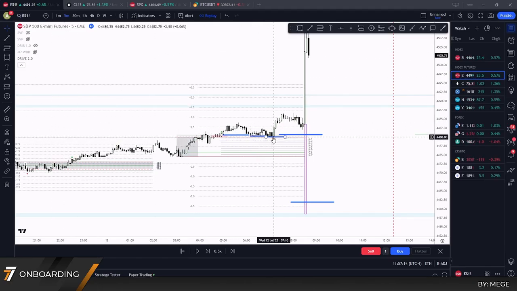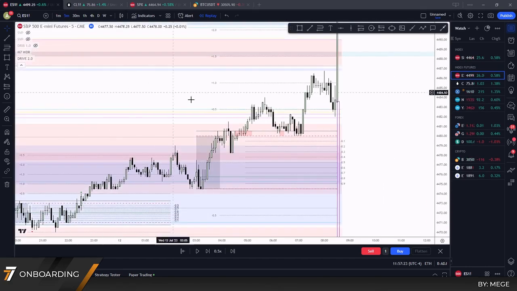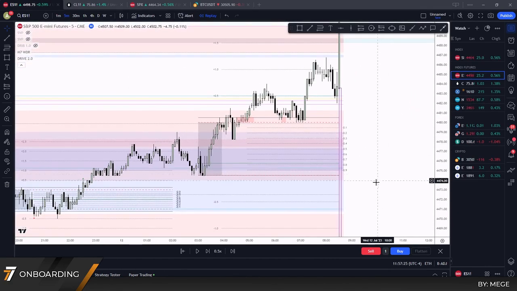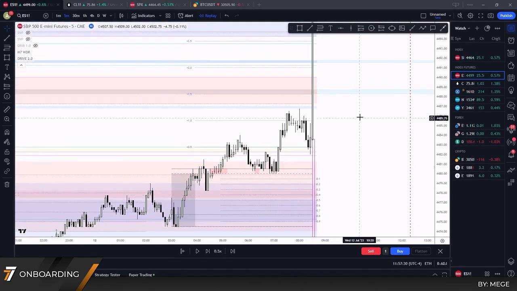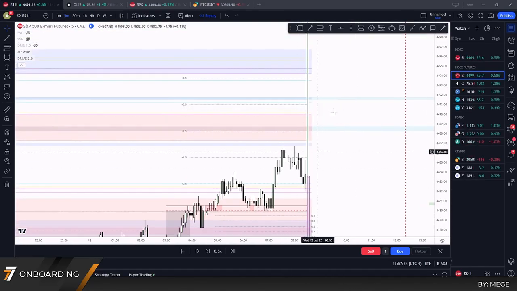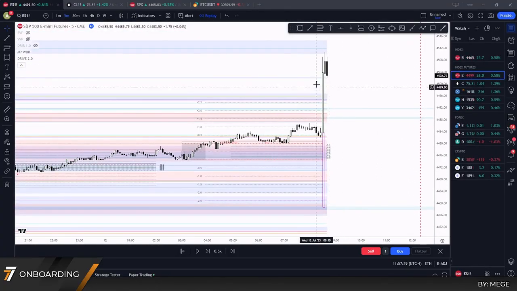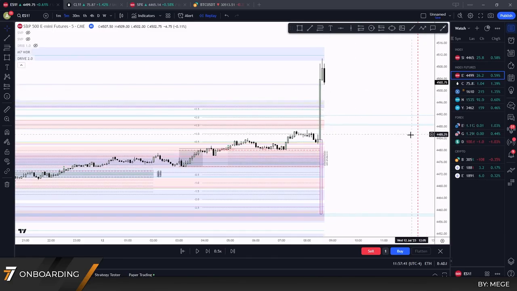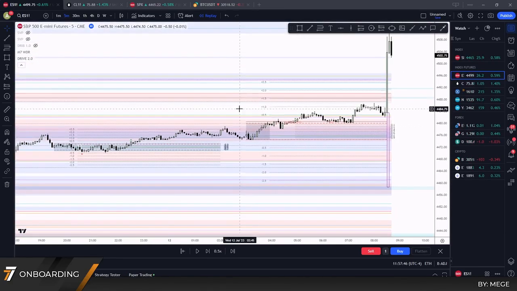So what we do is we turn on the DRCs, and we just look for rejection at some specific levels. You can see this one to the tick, then it gets blown away by the news, and then it goes to the next one here. So you just use your eye and check whether some levels are respected or not.